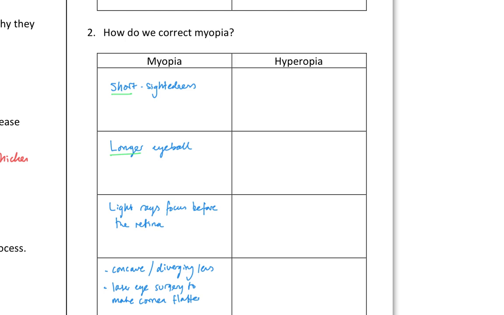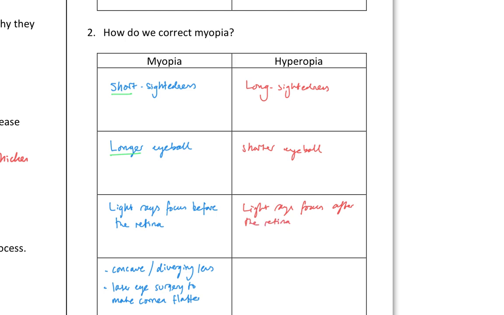So let's just do hyperopia. It's not short-sightedness, it's long-sightedness. One of the main causes is a shorter eyeball. Light rays focus after the retina.